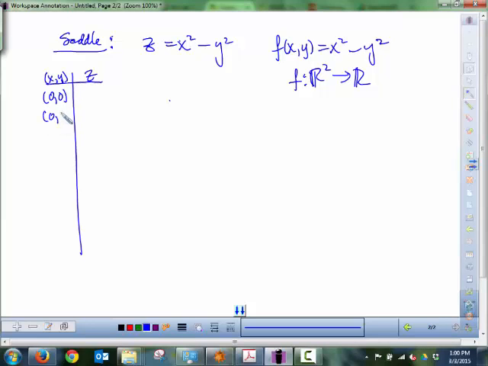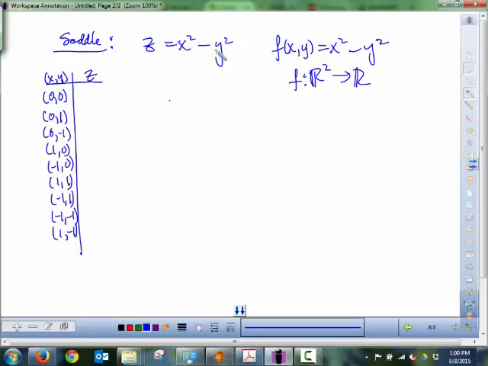So 0, 0, 0, 1, 0, negative 1, 1, 0, negative 1, 0, 1, 1, negative 1, 1, negative 1, negative 1, 1, negative 1. Tedious, right? But we can certainly find these values.